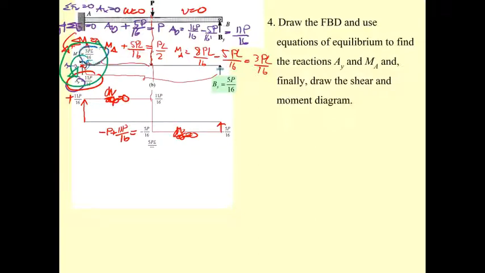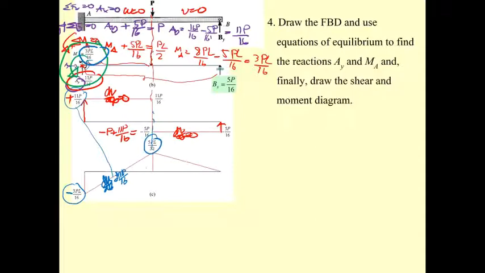So 3PL over 16 is going to be negative. And then for this one, dM/dx is equal to 11P over 16. This is plus, and it's going to arrive here.